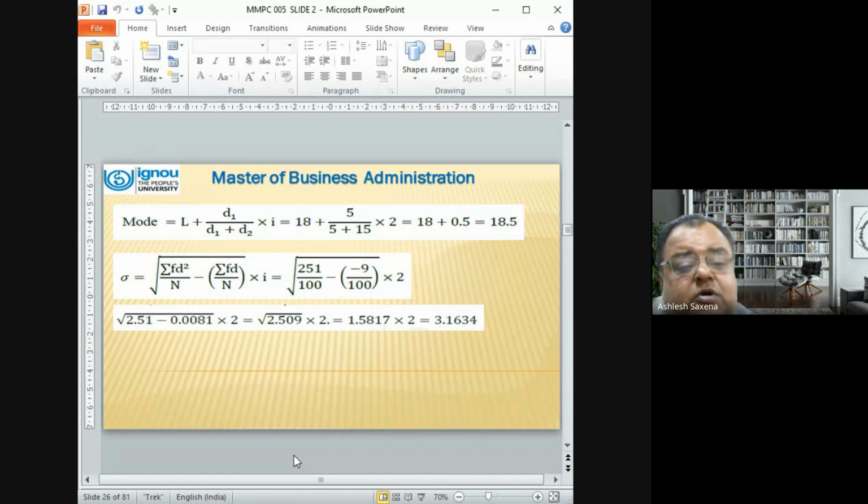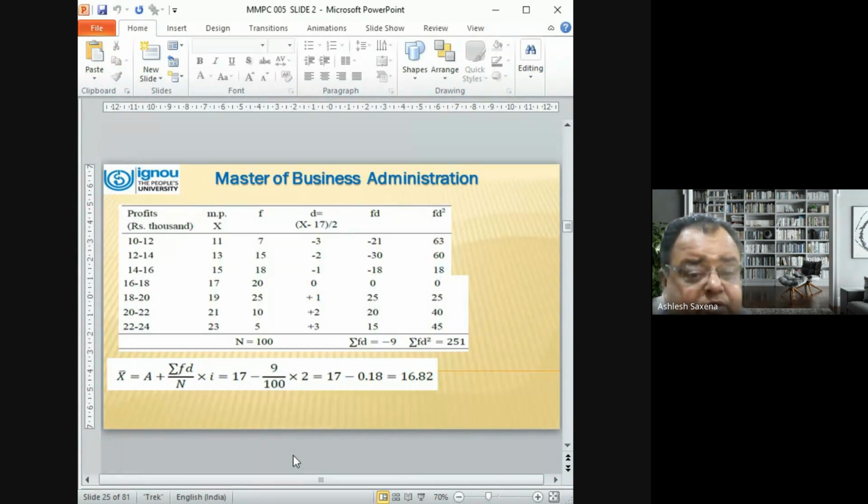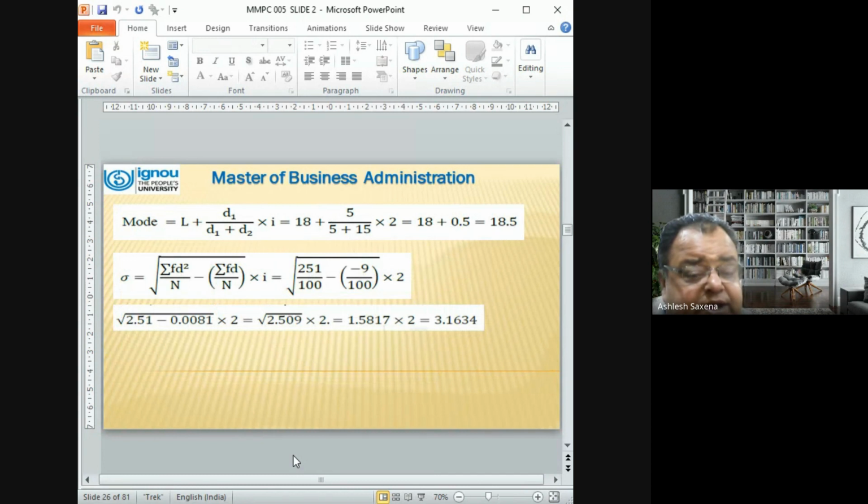Now we move to mode. Mode is equal to L plus d1 upon d1 plus d2, into i. 18 plus 5 upon 5 plus 15 into 2, which comes out to be 18.5. How much was your mean? 16.82. Mode is 18.5.